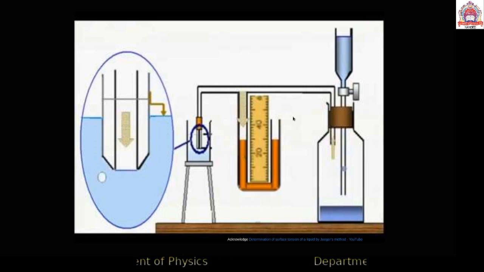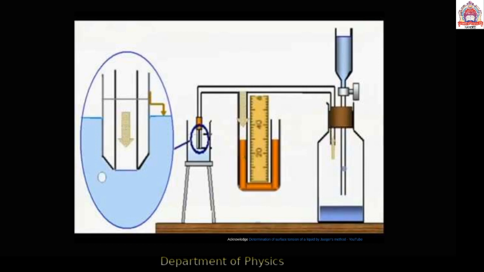As the pressure inside the bubble increases, its radius gradually decreases. The radius of the bubble acquires its minimum value when the bubble is of the same diameter as the opening of the capillary tube.